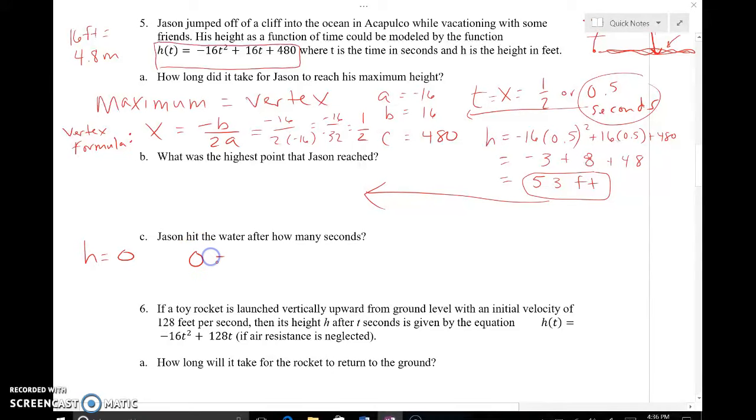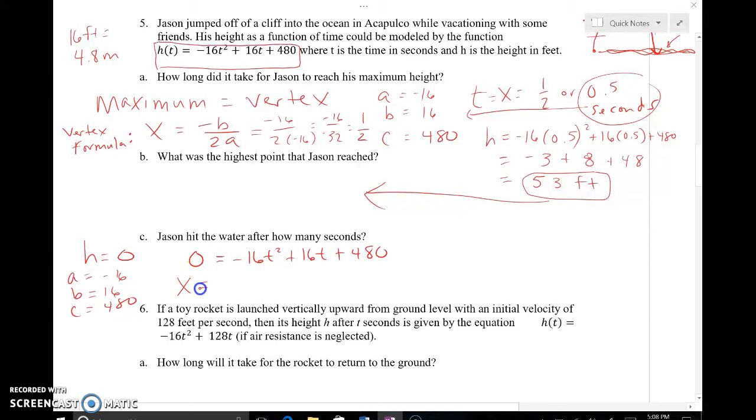So 0 is equal to negative 16t squared plus 16t plus 480. And so my coefficients are a is negative 16, b is 16, and c is 480. I'm going to go ahead and solve using the quadratic formula.